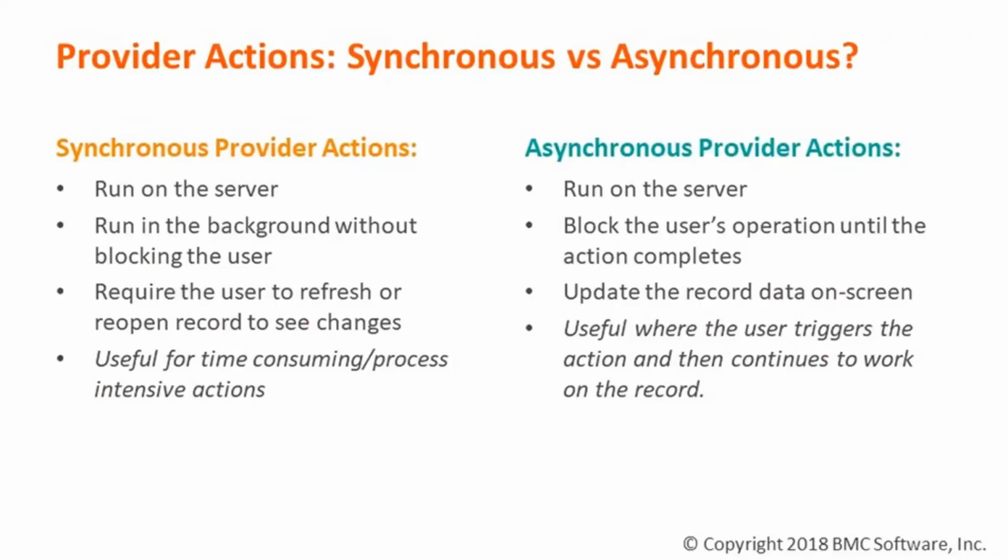So if you're doing something very time consuming, if something's going to do intensive processing to come up with an answer, or not immediately be expected to have values to write back to the form, you might not want the user to wait. It might not be the most appropriate thing to do. The user might not even care about the result. It might not be relevant to them to see the result, and in those cases we can just send that action to the server and let the server get on with it.